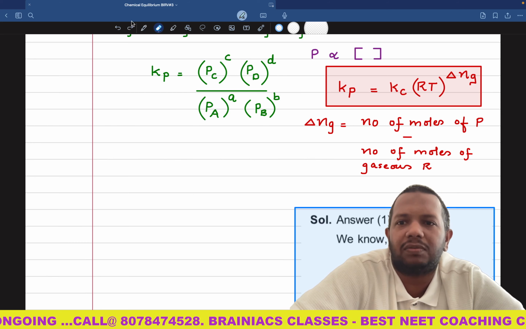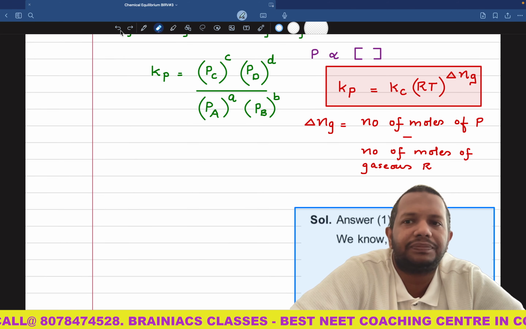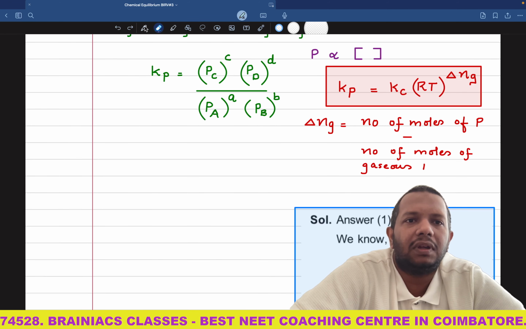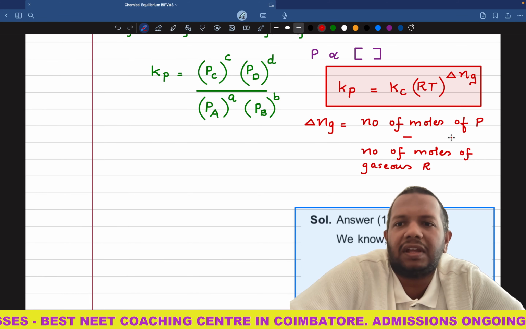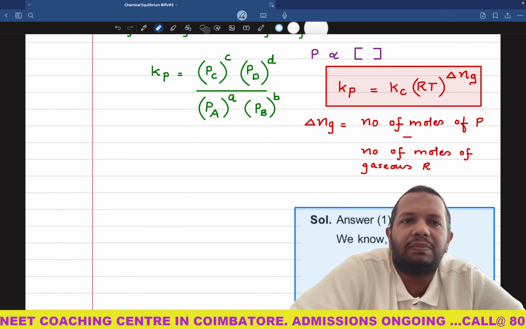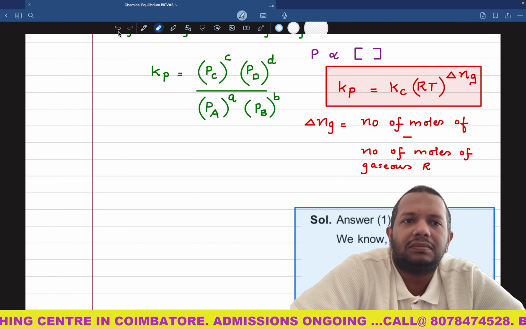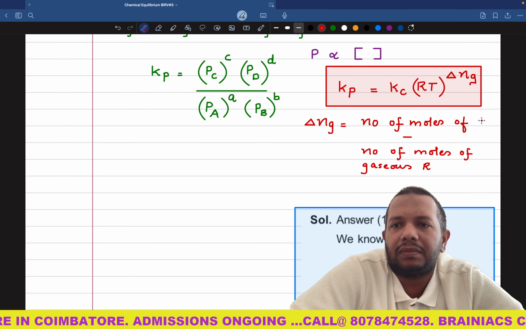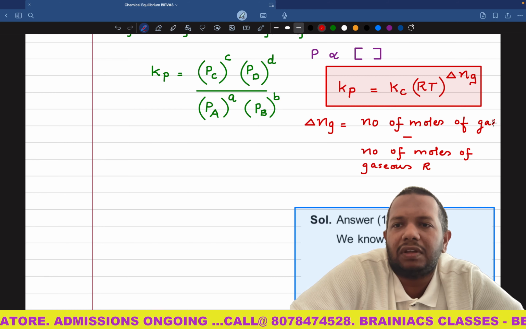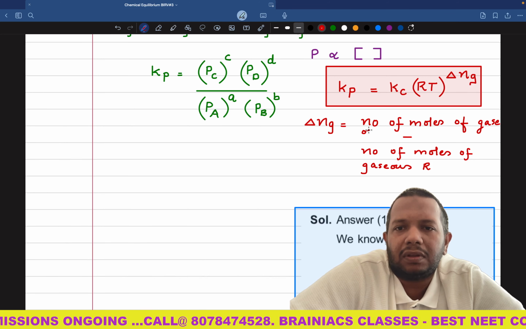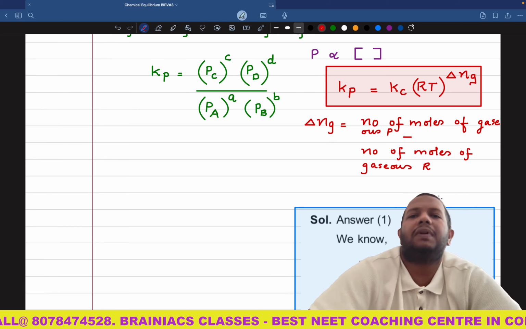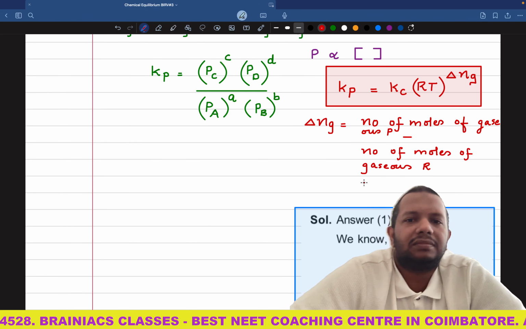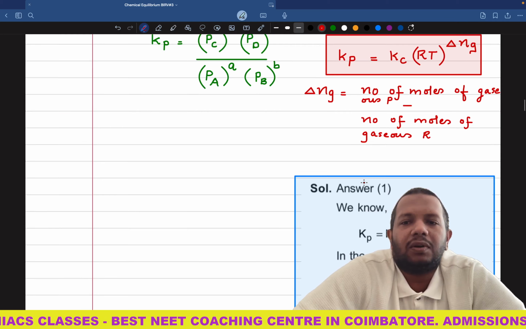Only gaseous substances we will consider. So this is the gaseous reactant and this is the gaseous product. This is simple and you should remember this. Okay. Now let's go to this question.